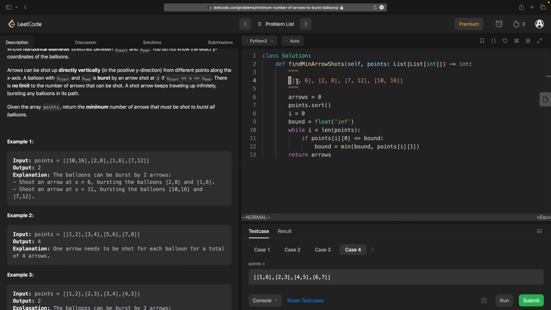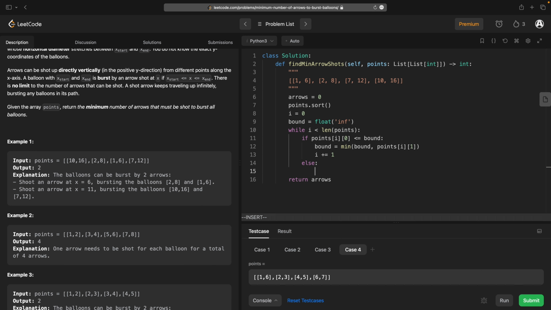So 1 is less than or equal to the bound, which is initially infinity. Then we say, okay, the bound is now 6. 2 is within that bound. It could be 8, but we'll keep it at 6. And then 7 is not in that bound.